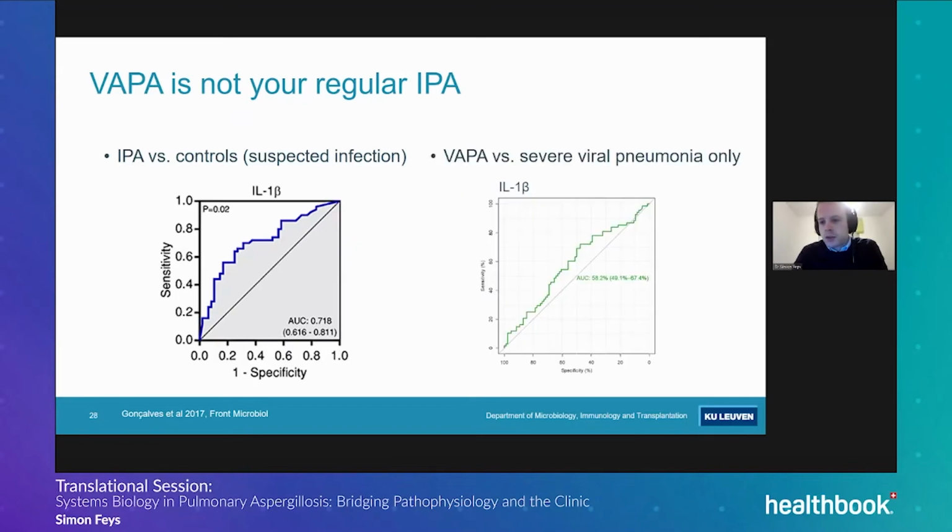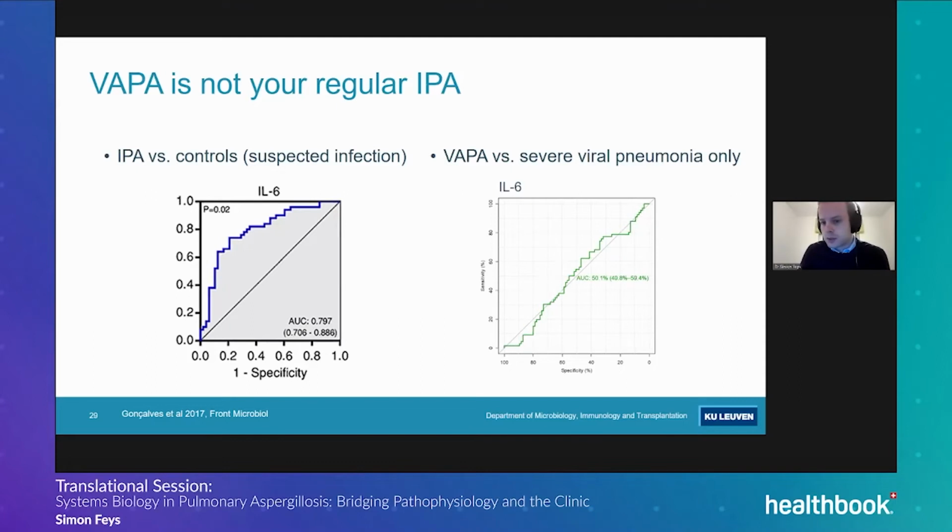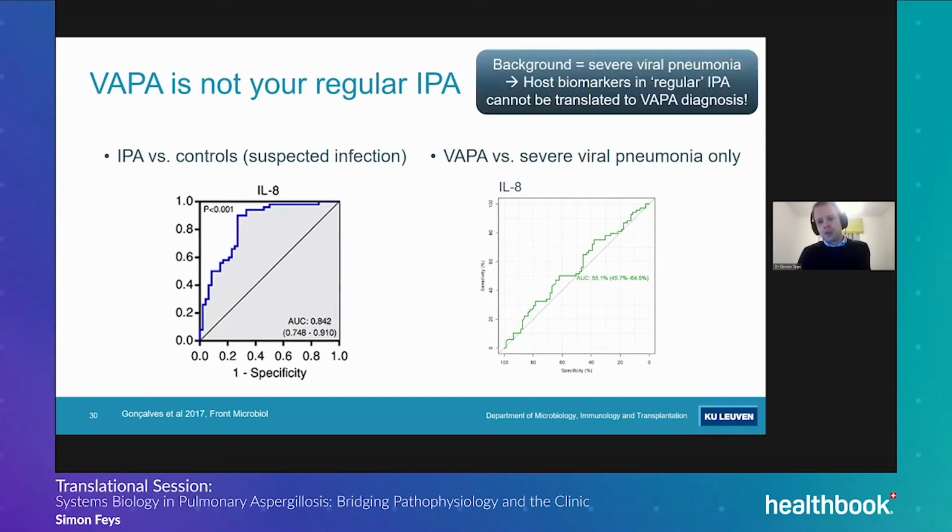But when we project that to our patient group, where we compare VAPA patients with severe viral pneumonia patients, we see that these are actually of little discriminatory value. IL-1 beta has an AUC of 58%, for example, IL-6 even 50%, so no predictive value at all, and IL-8 55%.